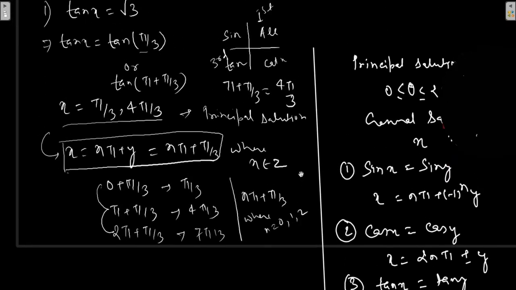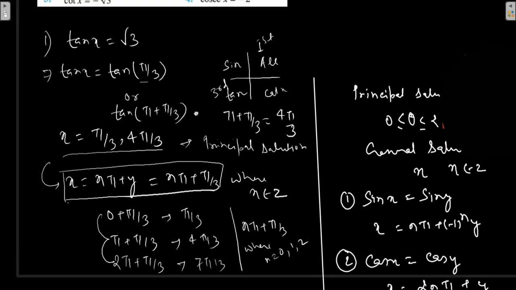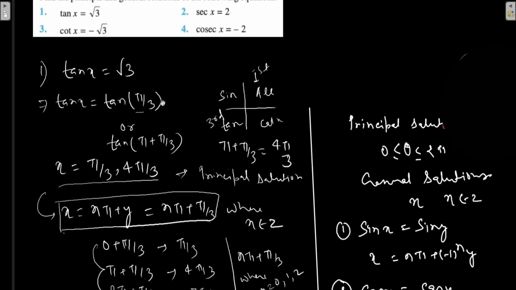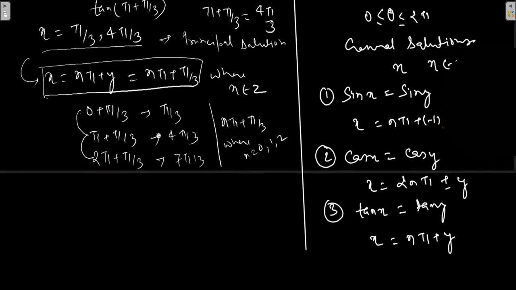Otherwise, you just have to look at your principal solutions and come up with a general solution, because you know when the values of various functions repeat. Tan x and cot x repeat after every pi, whereas sin x, cosec x, sec x all repeat after 2 pi.